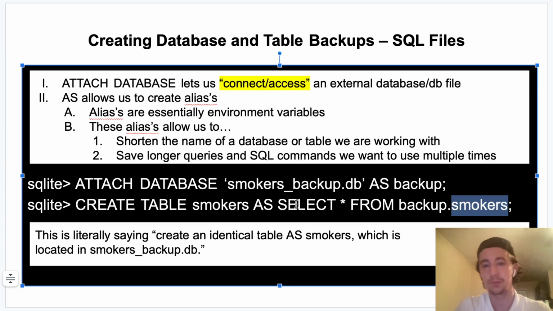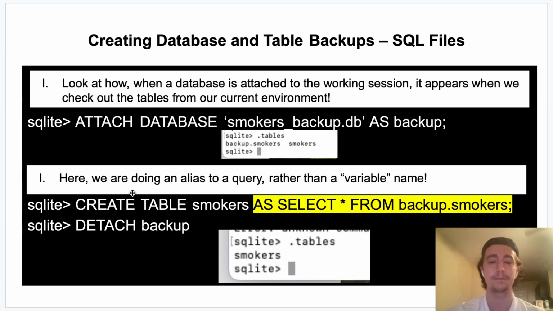And it's really cool because we're seeing how aliases don't have to just be names, but they're used for almost copying and pasting, if you will, the data over. And so when we run that, it's going to take what's in the backup smokers database in the smokers table, and it's going to put it right in our new smokers table. And that's what's going on.